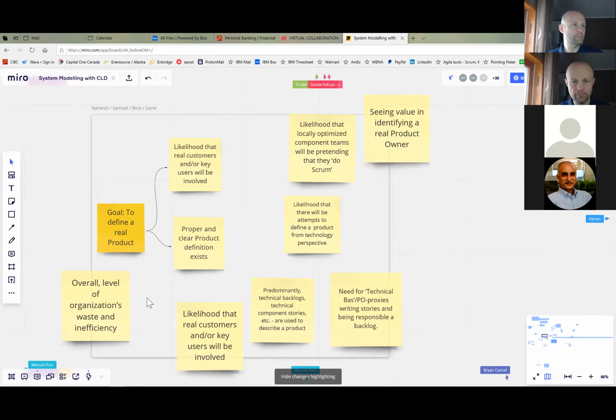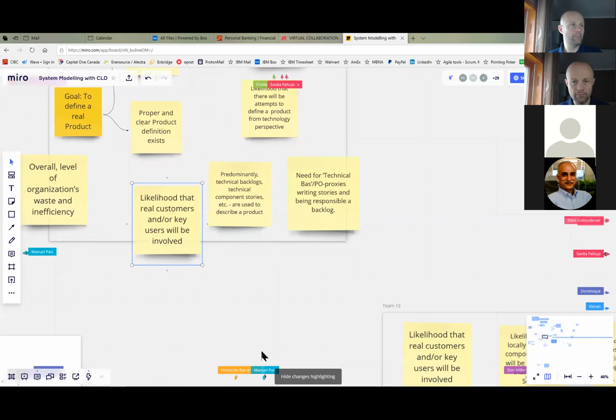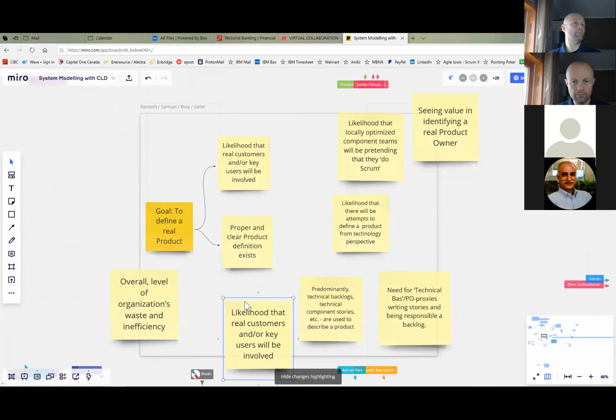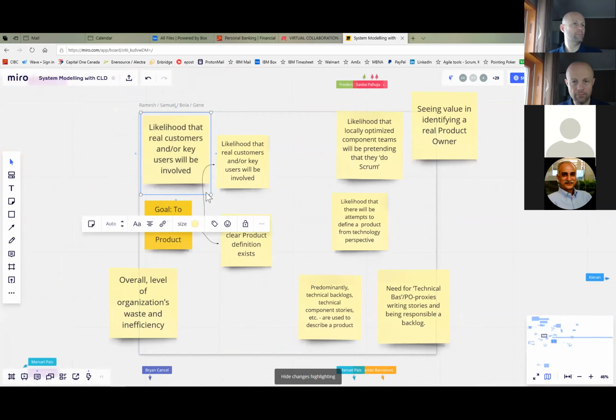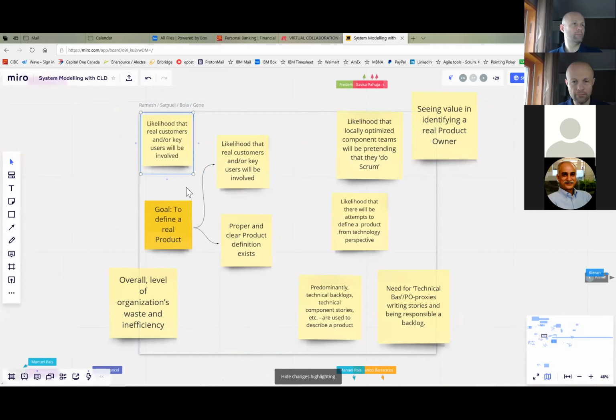Let's take second one from bottom to top. This one? Yes. Okay. Because we need component names will be.